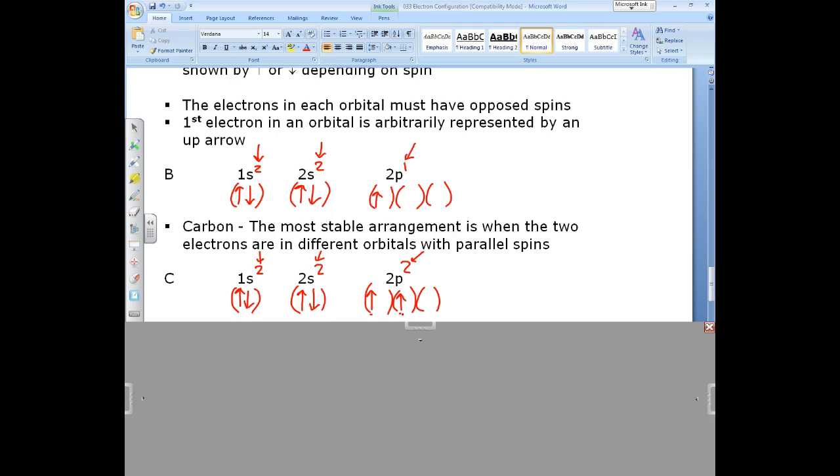If I was working with oxygen instead of carbon, then this number right here would be 2p4. So my first electron would go here, my second electron would go here, my third electron would go here, and then the fourth electron would be a down arrow right here. So what happens is in P, D, and F sublevels, all the orbitals are going to half fill before any of them fill completely.